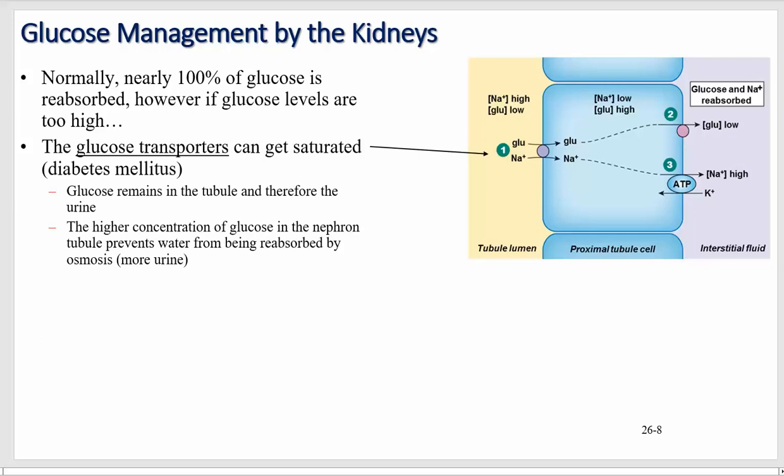So, glucose transporters: glucose is a six-sided sugar, and this is our transporter. Remember, sodium is going in and it's carrying glucose with it. If that gets saturated, then we have glucose that leaves as urine.